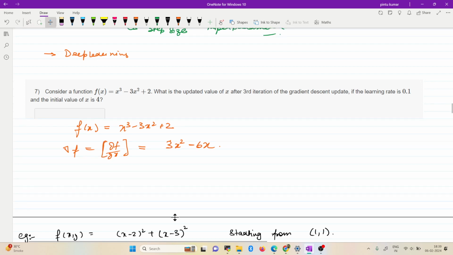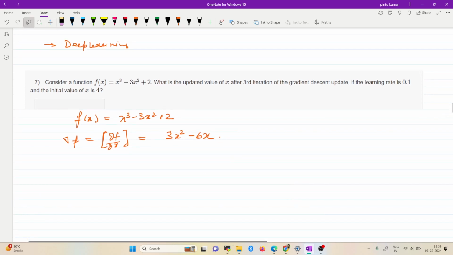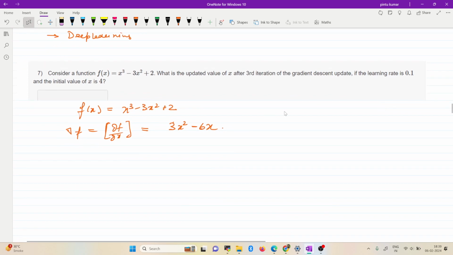Now the next thing I'm given is that I have to calculate this till 3 iterations. Learning rate, that is my eta, is given to be 0.1, and the initial value is x equal to 4. So W naught is given to be 4. We want to obtain W1. This is W naught minus eta times grad of f at W naught.